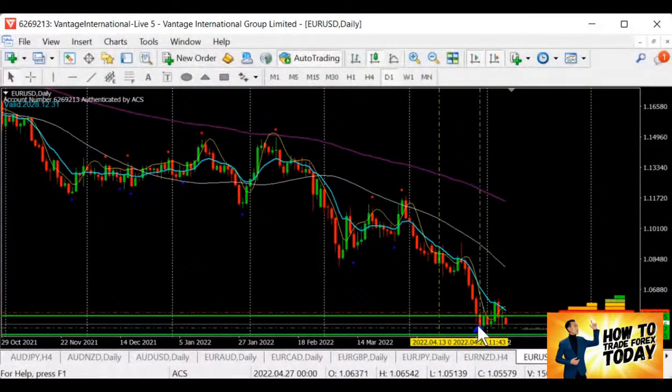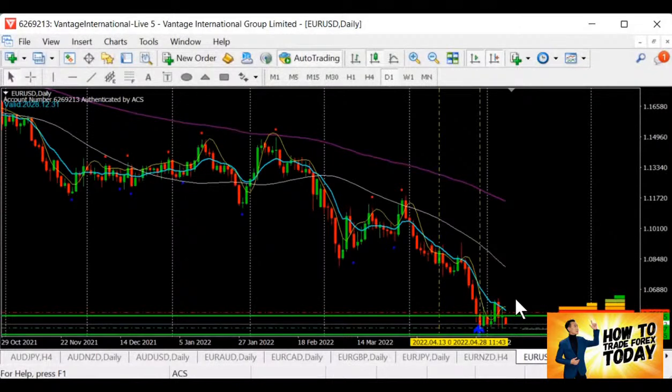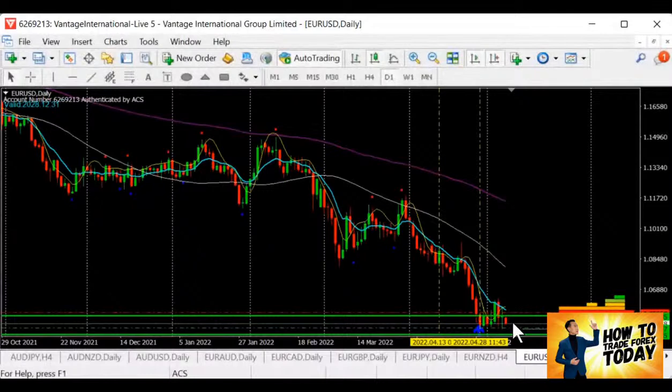But once it goes up and breaks out, very likely, highly likely it is going to be a bull run. So that means today in Euro dollar, it may be the ending of the bear run. So just pay attention to Euro dollar first.